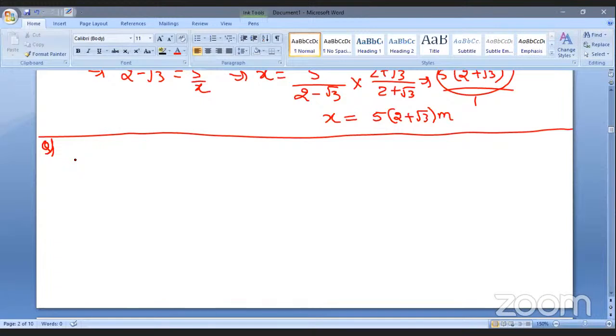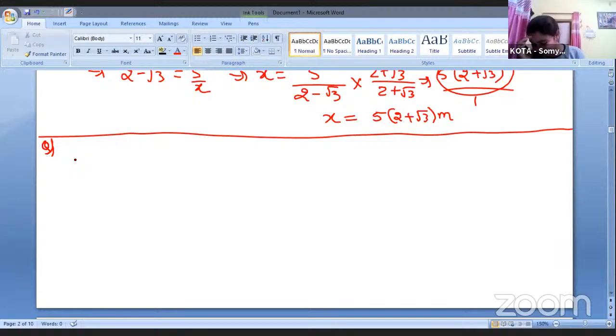Sine of A minus B equals sine A cos B minus cos A sine B. Yes, right. I'll bring those formulae also. They're really useful and might be of use somewhere. I'll write them in this slide, and then we'll do questions on them.